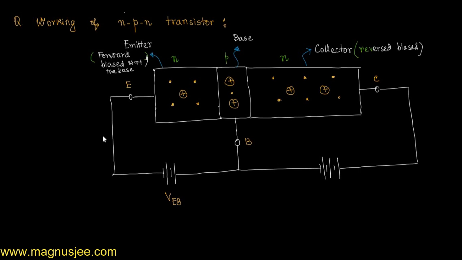Here we are connecting an external battery of EMF VCB, which is connected to the collector with respect to the base. The N-type collector is connected to the positive plate of the external battery VCB.